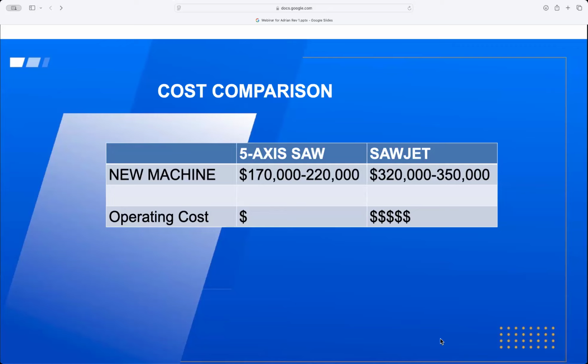So when you see business owners decide to buy a Sawjet, what are some of the reasons why they feel it's worth the higher investment or the higher operational cost? That's a good question.